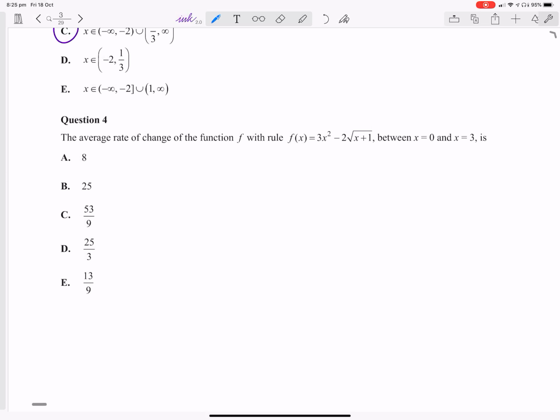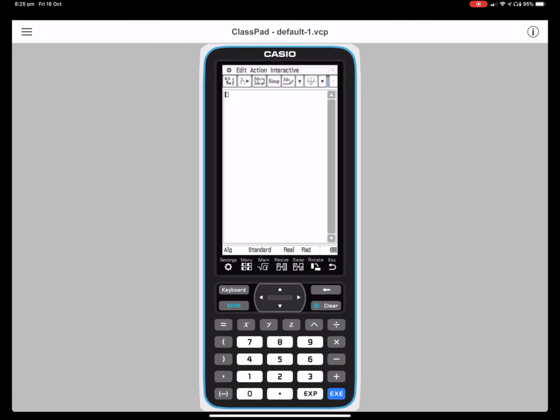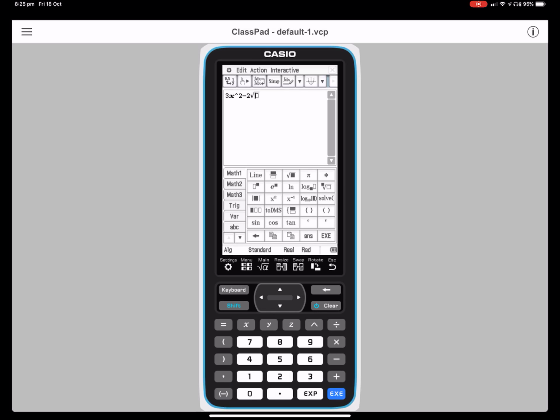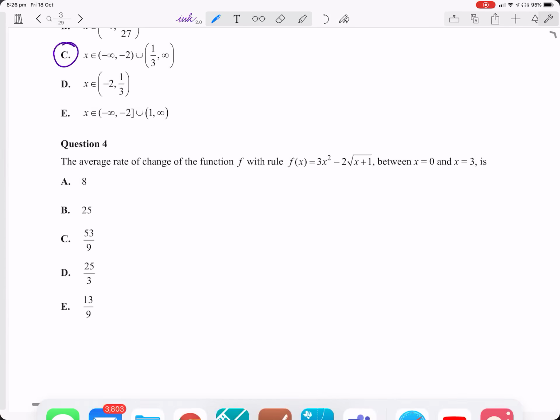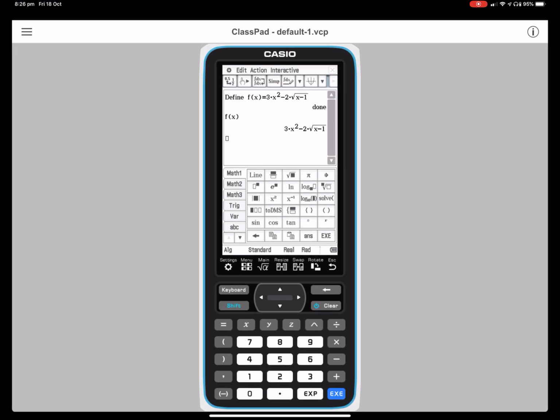The average rate of change of this function, the easiest thing to do is define it and then just use the gradient formula. So 3x squared minus 2, I think it was root x minus 1. Either way, you can just do the same thing. Just check it, make sure you haven't stuffed anything up. It's 3x squared minus 2 root x, plus 1.